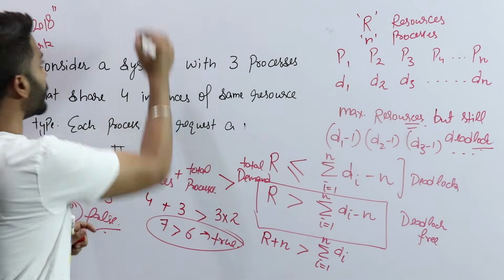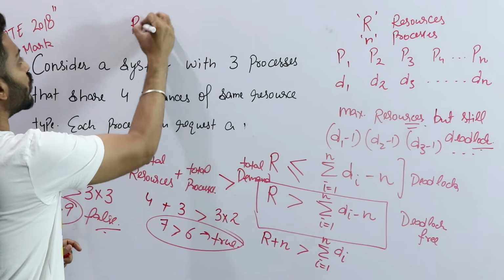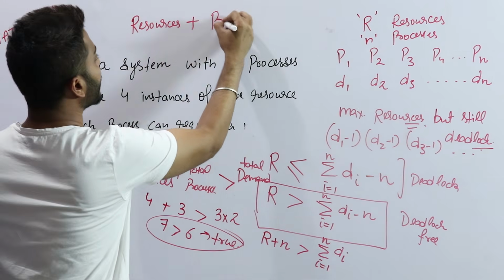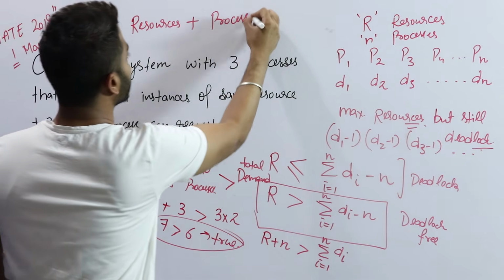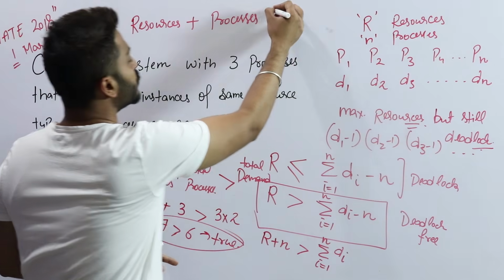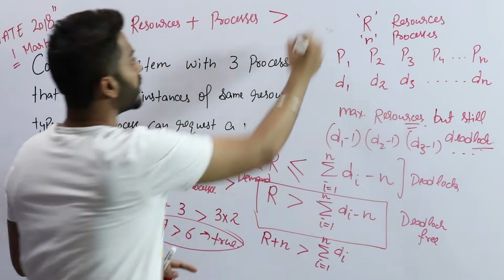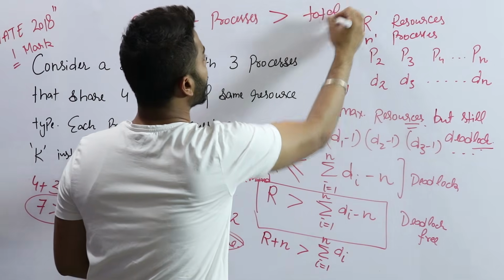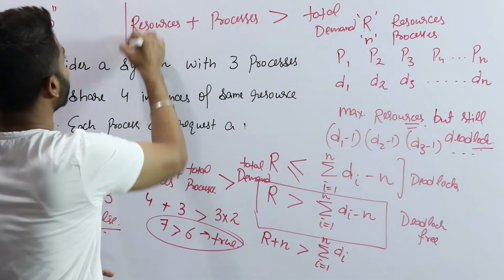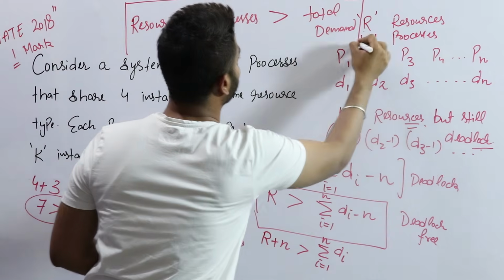So always remember this formula: total number of resources plus total number of processes should always be greater than the total demand. This is the important formula.